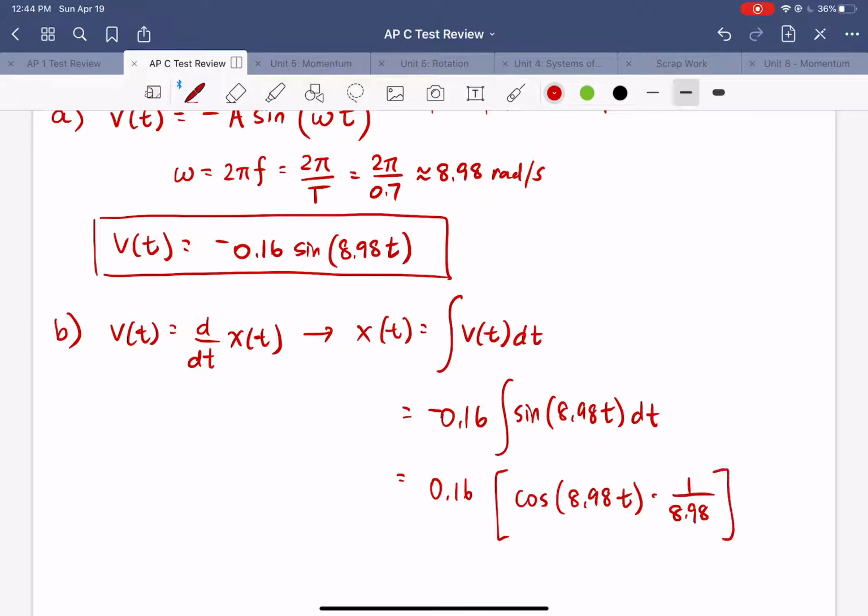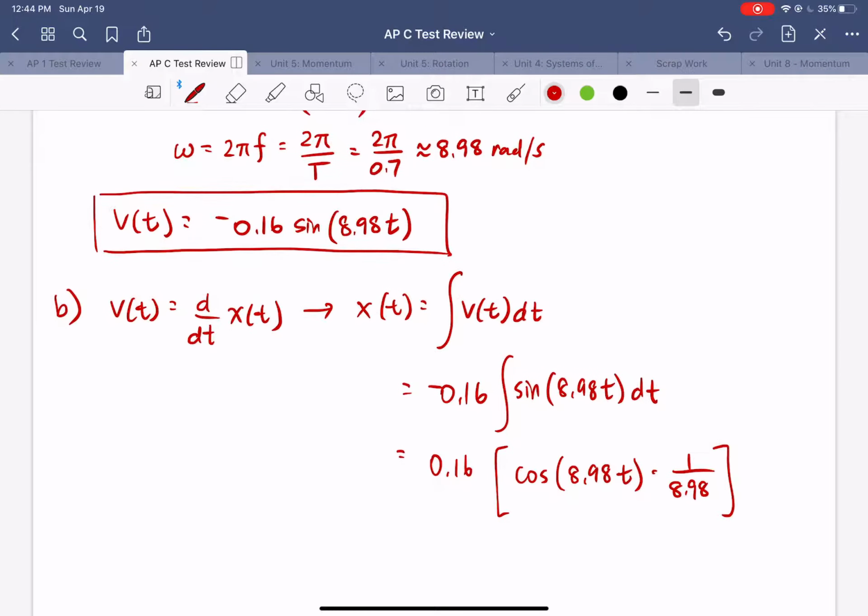That's because if you think about what you do when you take the derivative of a sine or cosine function, you would multiply by this coefficient that's inside as a result of the chain rule. So if we're taking the integral, we have to divide by that constant. So we have 0.16 divided by 8.98. That's about 0.018 as our amplitude.